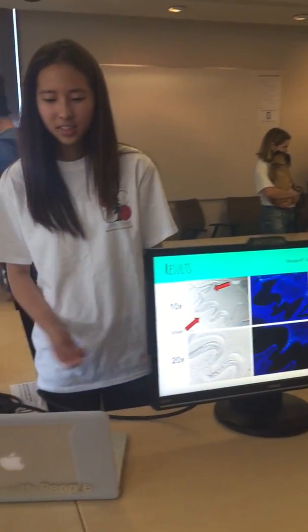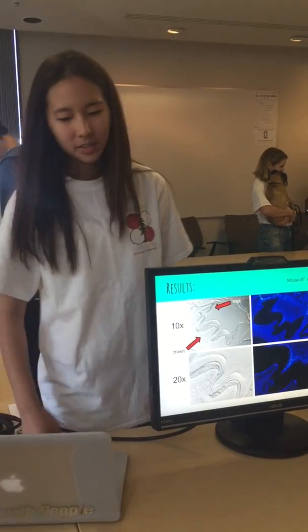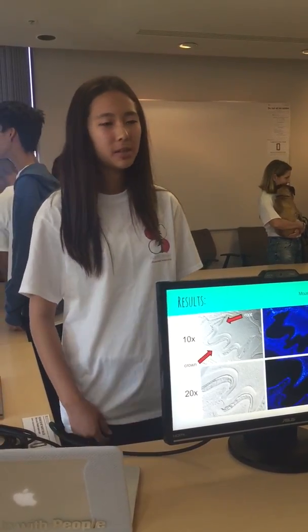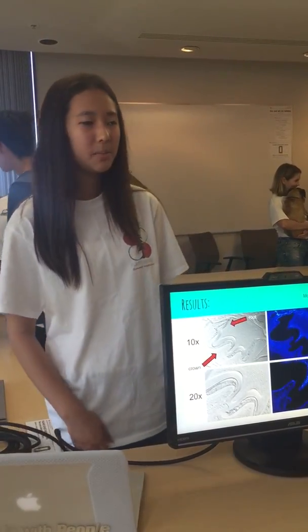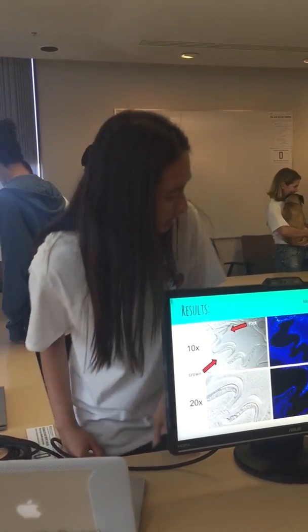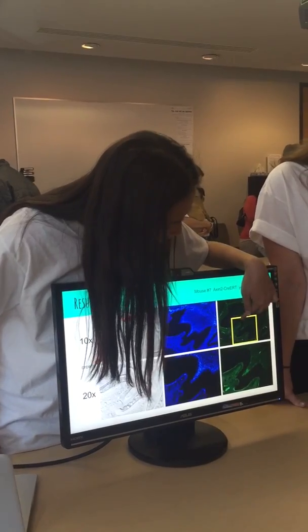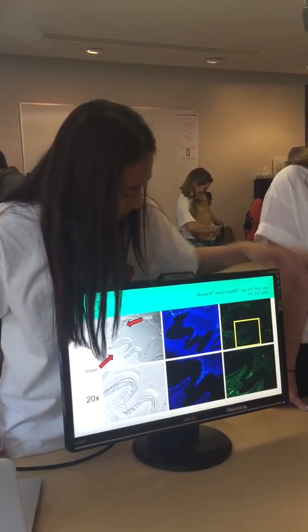So the results. What you see here is mouse number 7, and it's positive for AXIN2-CRE and also positive for mTmG. This was sacrificed at P5 again. Here you see in the green picture that the signal was most prominent in the pulp.